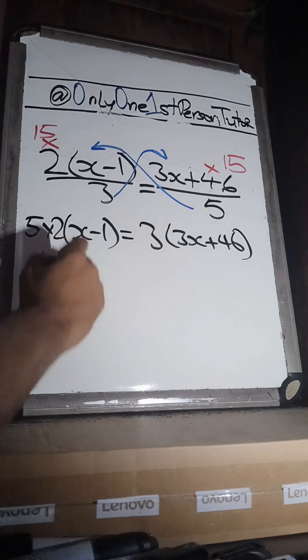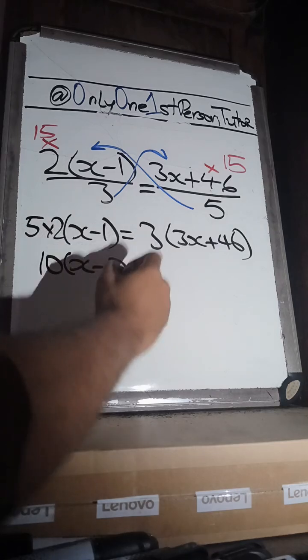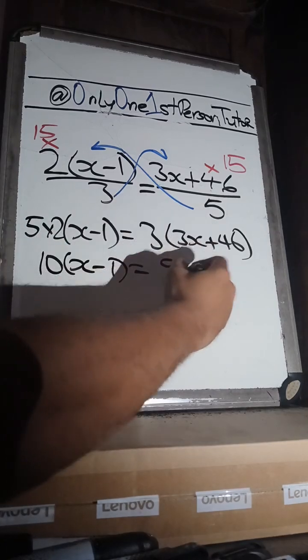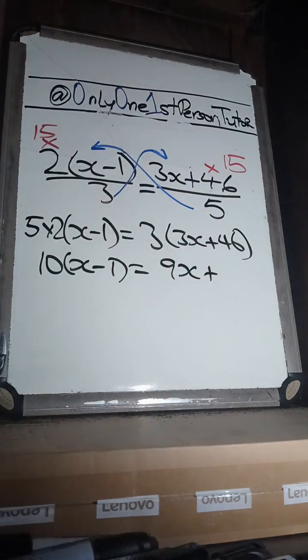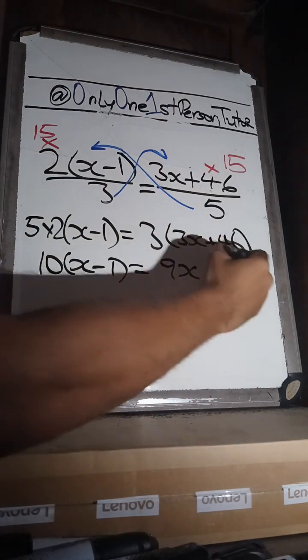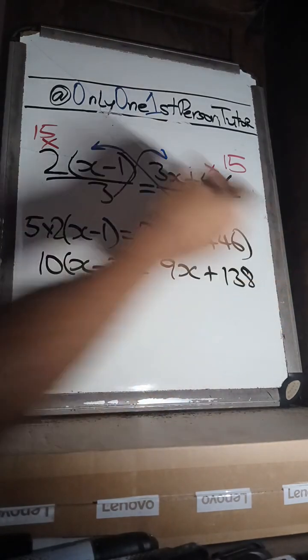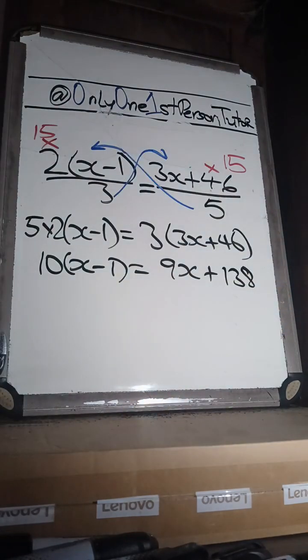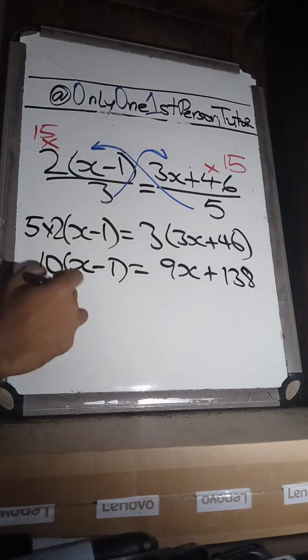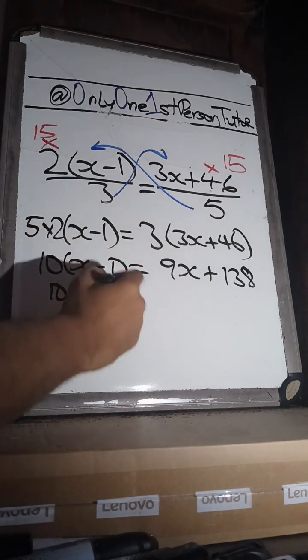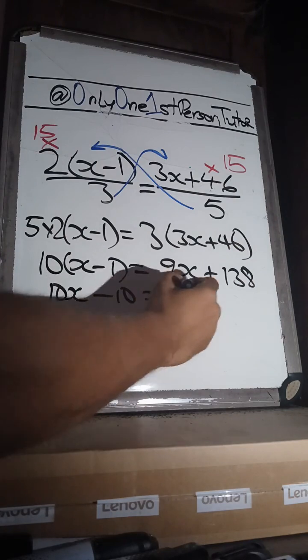So this will be 10x minus 1, and this will be 9x plus what is this now? This is going to be 138. Then of course 10 times x is 10x. 10 times 1 is 10.